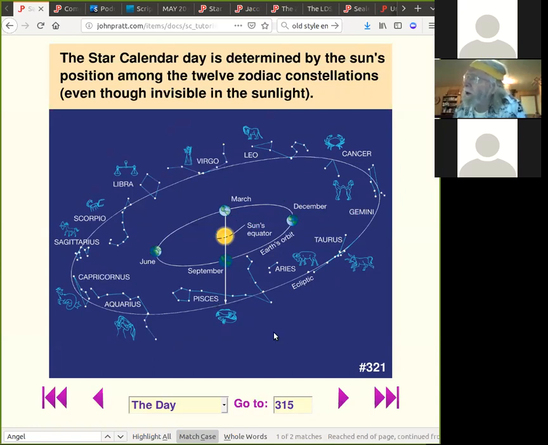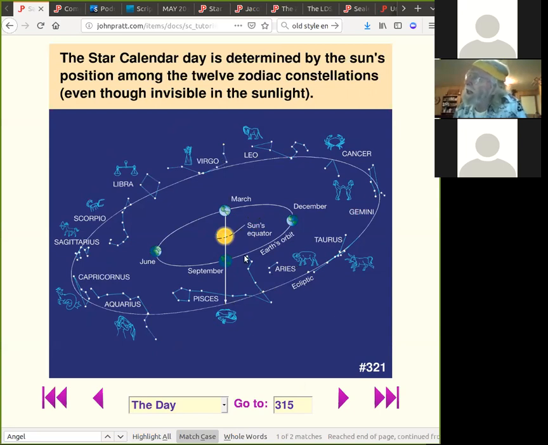So in real life, the sun is in Pisces in March. If you're doing astrology, they'll call that Aries, and we'll talk about that. The stars move around, and Aries was 2,000 years ago. So astrology does its own thing, but this is the idea behind astrology, but not what they actually use.